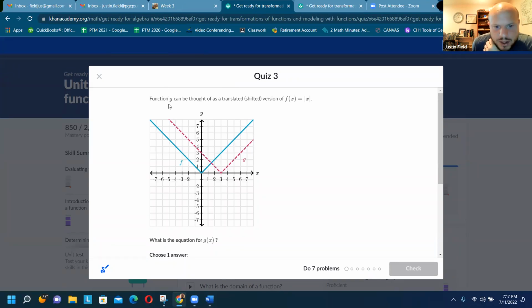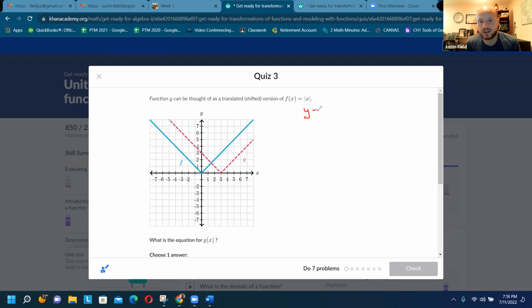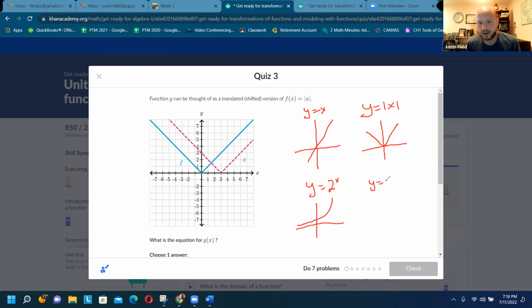Function g can be thought of as a translated shifted version of the absolute value of x. And I do see that. Make sure you know your basic functions. There's many basic functions like y equals x, y equals the absolute value of x, y equals something like 2 to the x, y equals x squared.